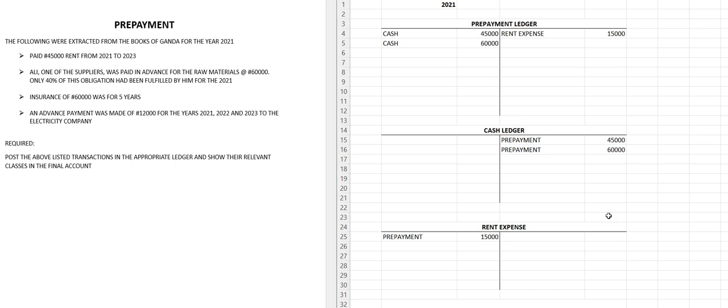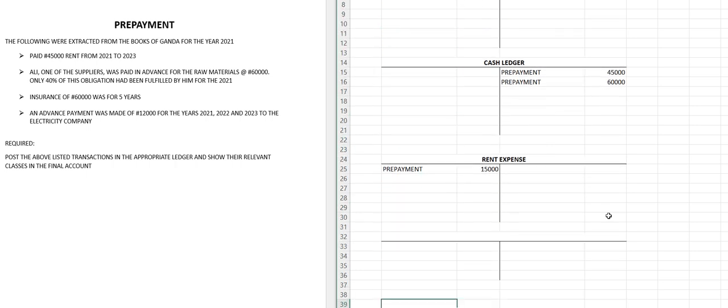Computing this 40%, you have to come down to create another ledger. You name it purchases. Why do we name this purchases? Because we are buying raw materials, and that is what we use for the production of our goods. So it's going to be purchases.